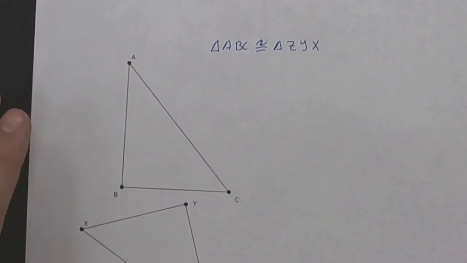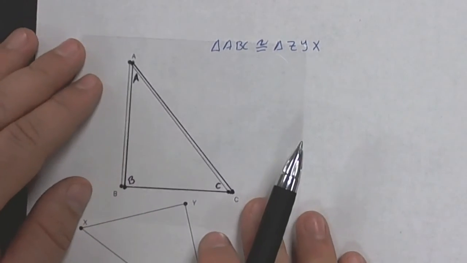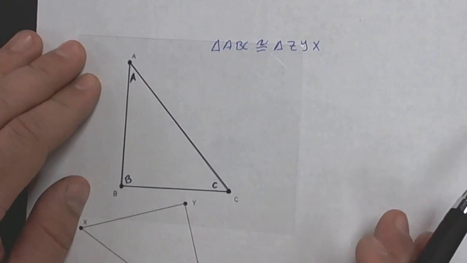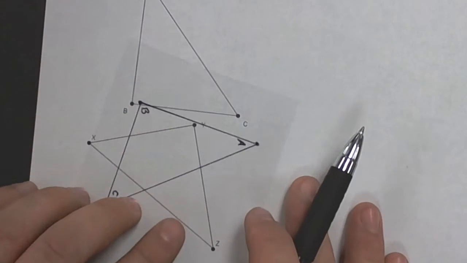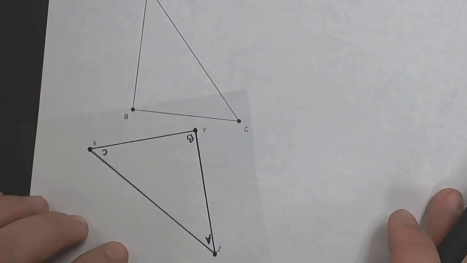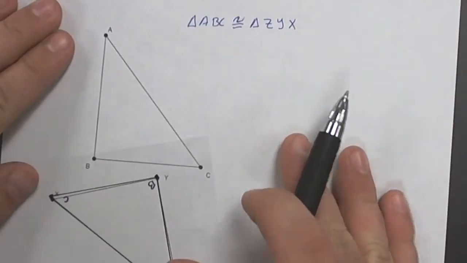So, two ways we can look at this. The first way is we can do what we did up here. We've got triangle ABC, and I can rotate that triangle down here. There's no flipping involved. So A and Z correspond, B and Y correspond, C and X correspond. And so I could go ahead and write that out.